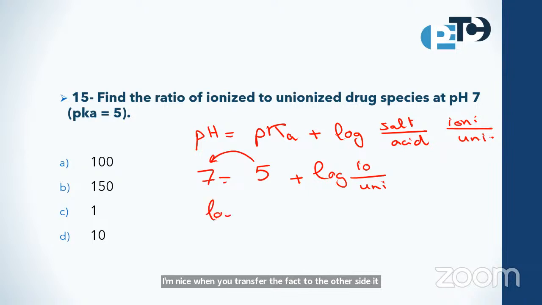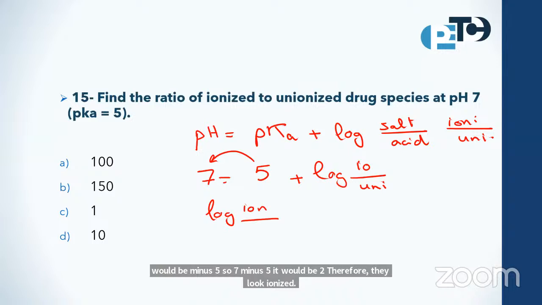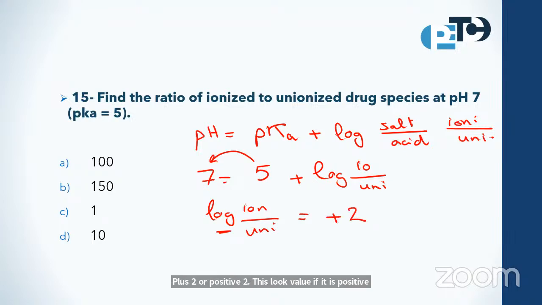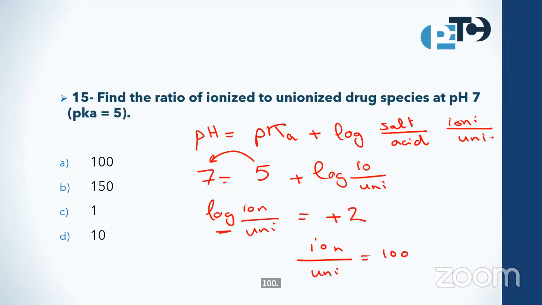Therefore, the log of ionized over unionized equals +2. If this log value is +2, this means that the ionized over unionized equals 100. This ratio means that the ionized is more than the unionized by 100 times. So this is the ratio.